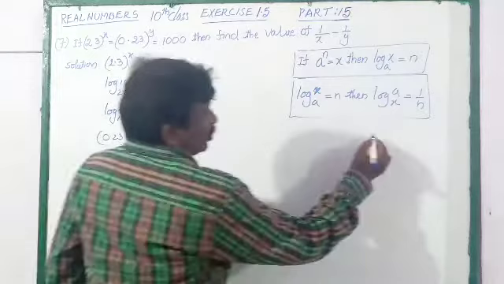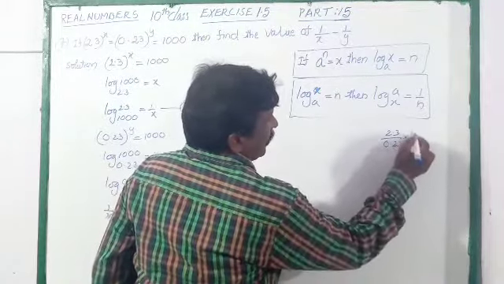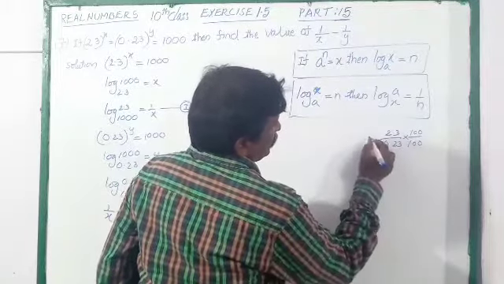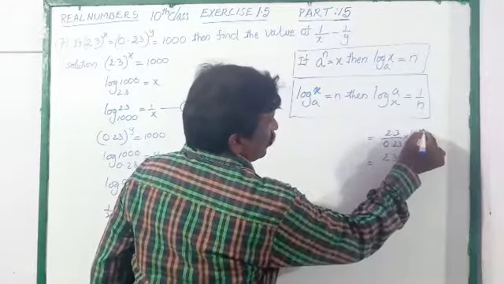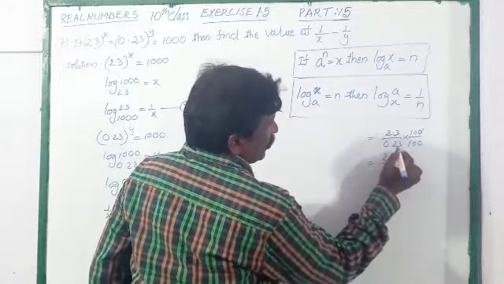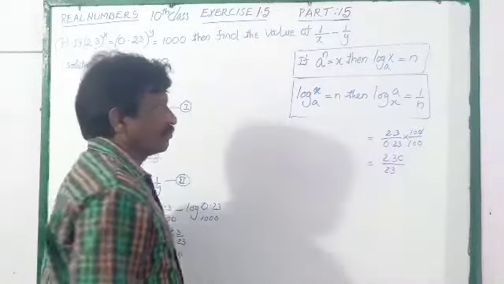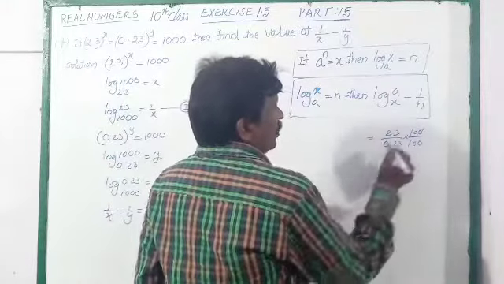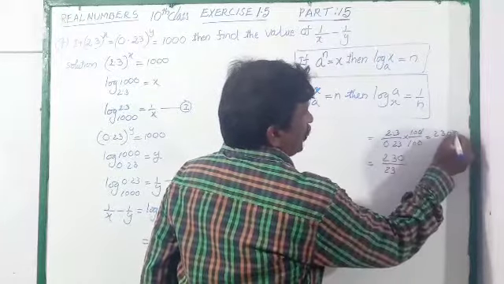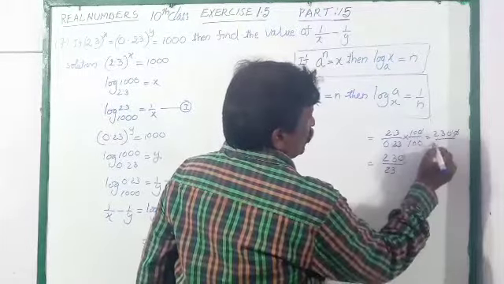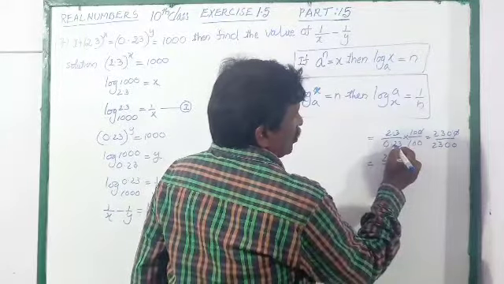So multiply 2.3 by 0.23 by 100 by 100. 100 into 2.3 gives 230, with the decimal point moved, and 100 into 0.23 gives 23.